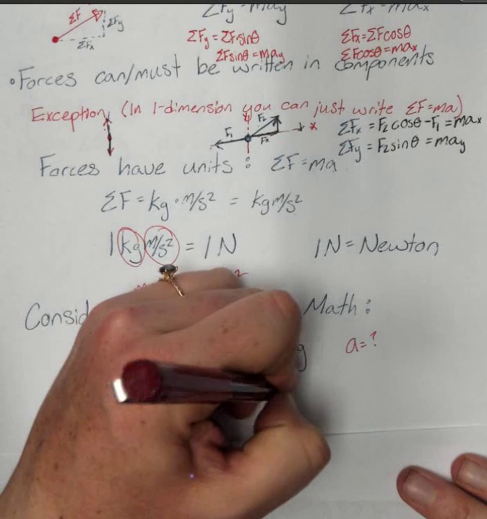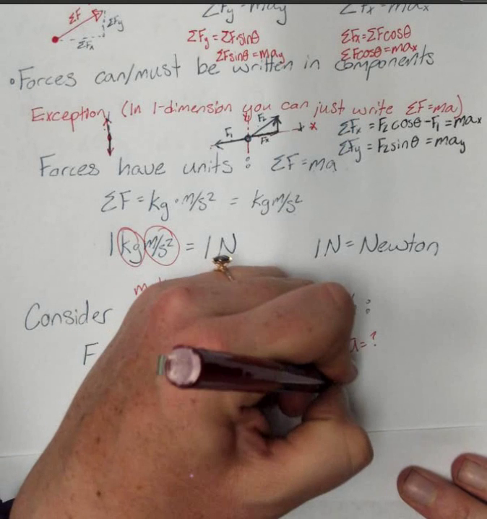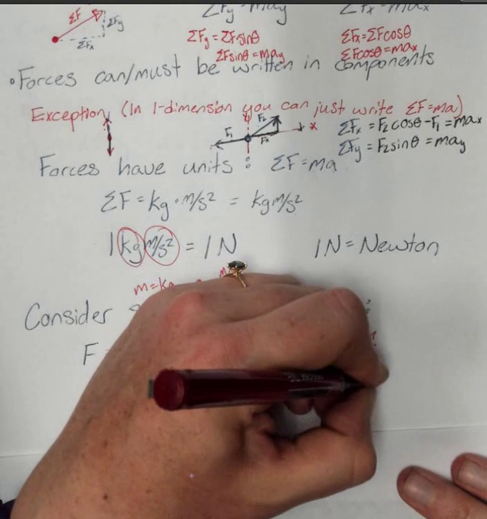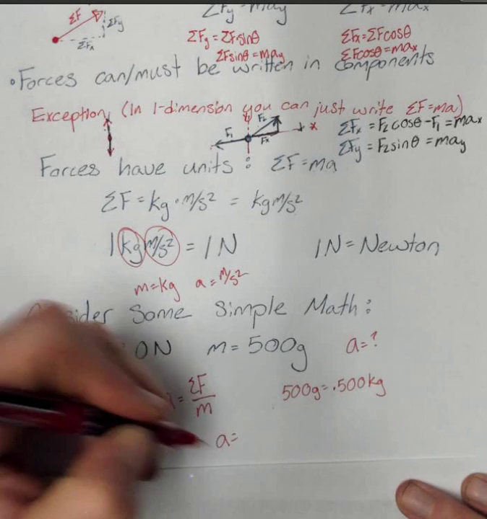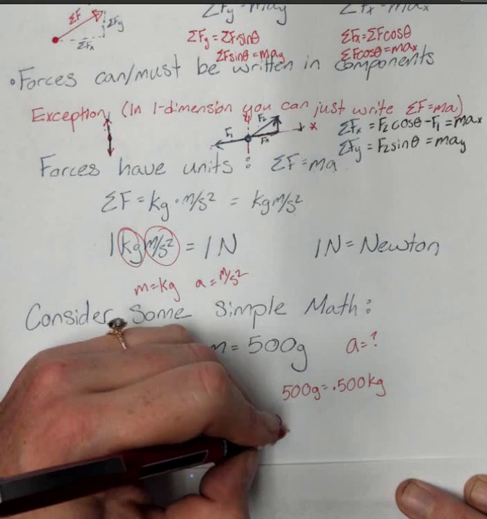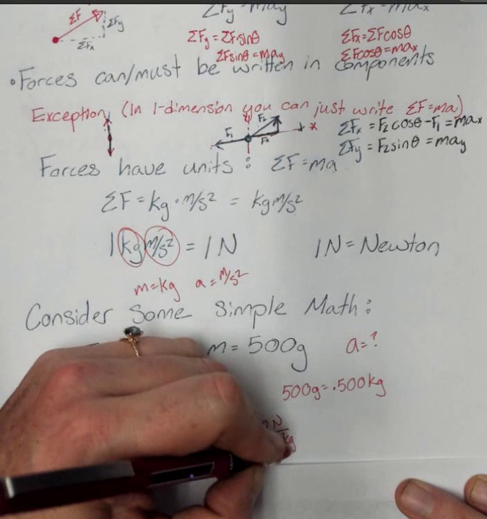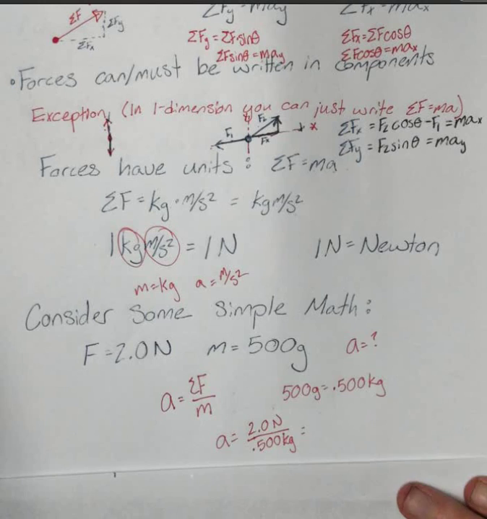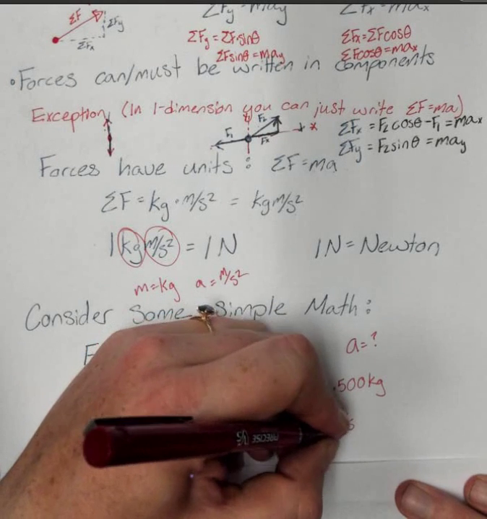And 500 grams is equal to 0.500 kilograms. So if we're going to calculate the acceleration, then it would be acceleration equals 2.0 newtons divided by 0.500 kilograms, and that would give us an acceleration of 4 meters per second squared.